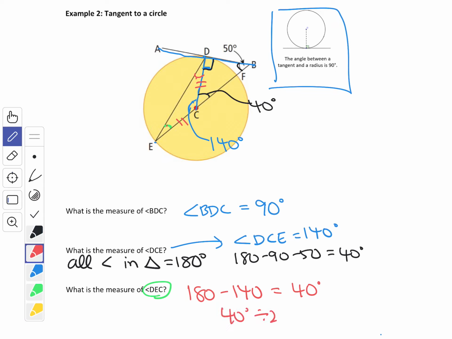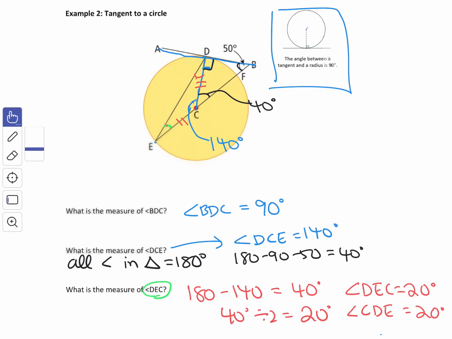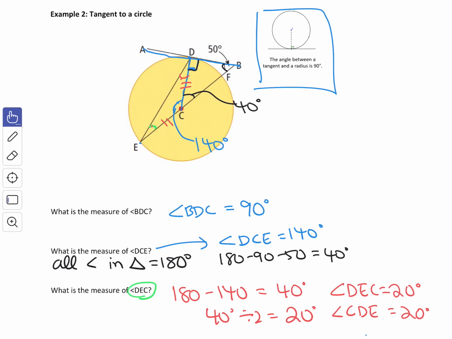We have 40 degrees remaining to use. These two must be equal, so we go 40 degrees divided by 2. That gives us 20 degrees. So angle DEC is equal to 20 degrees. Angle CDE is also 20 degrees because it's an isosceles triangle.